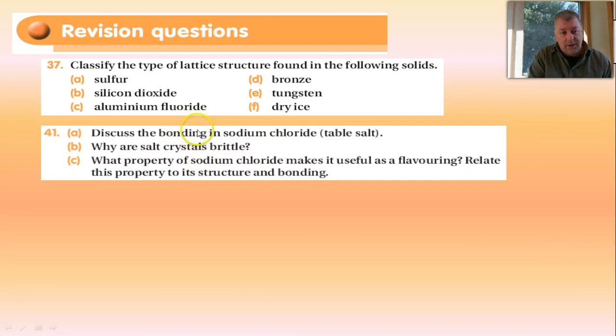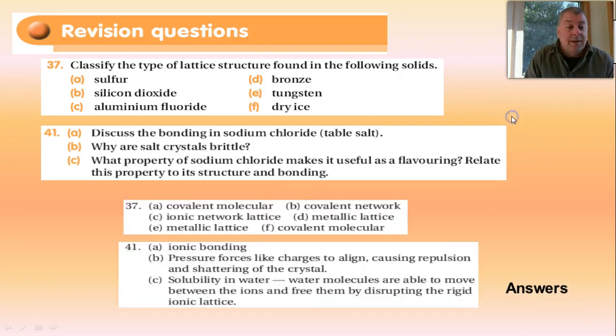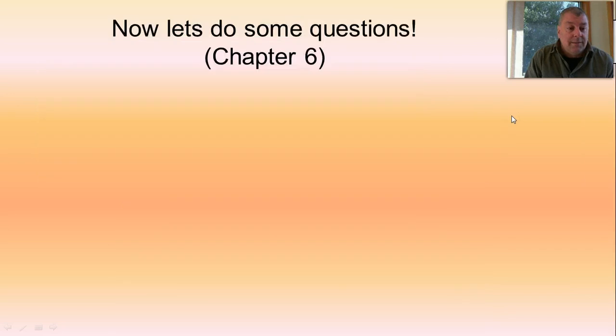Then there's these ones here where you've got to give some explanations, so you've got to be able to explain the properties as well. There's a lot of high level stuff there, but hopefully you've grasped the ideas, and we'll get lots of practice doing them, so you can get better and more confident about doing them. And there's the answers, just there, and more answers there.